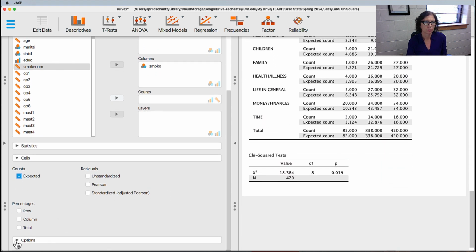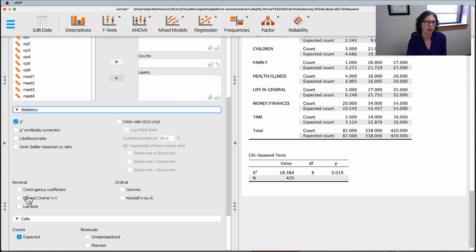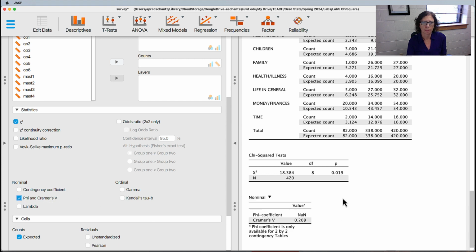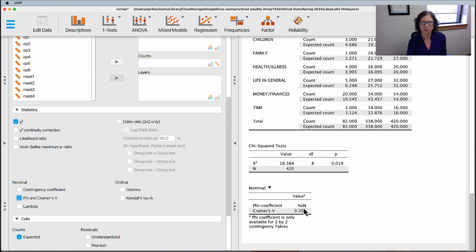So we can go to statistics and again pick up that phi and Cramer's V. Now, phi is not available because it's not a 2 by 2 contingency table, and we would only want Cramer's V here anyway. So there's our effect size.